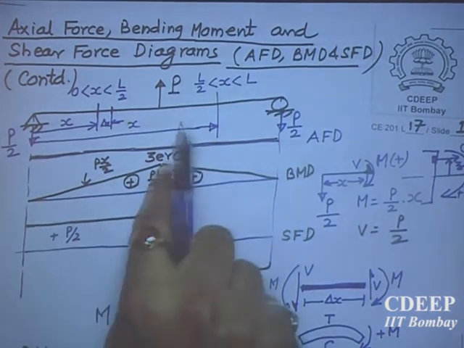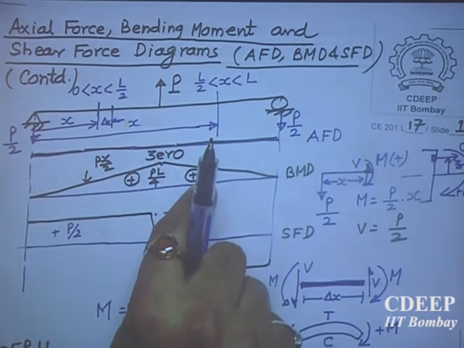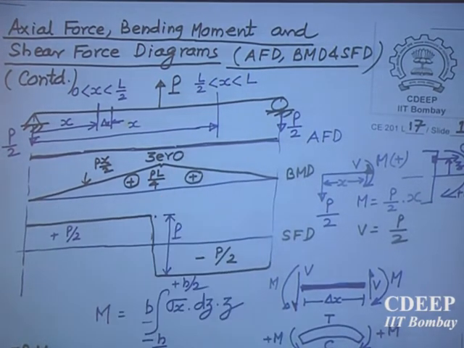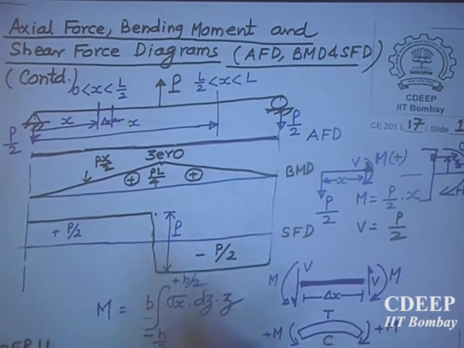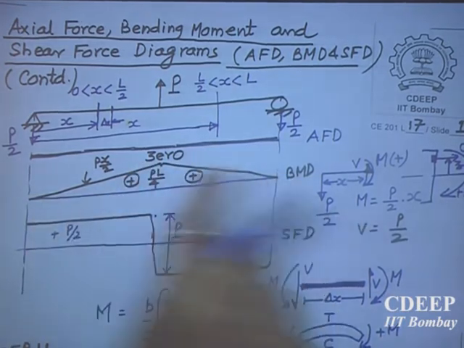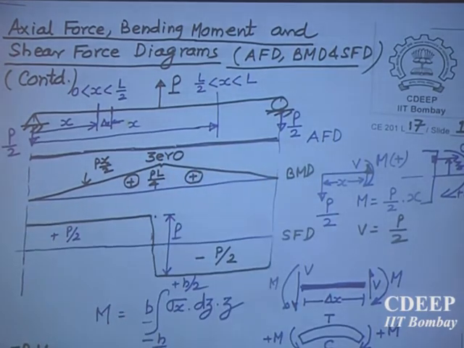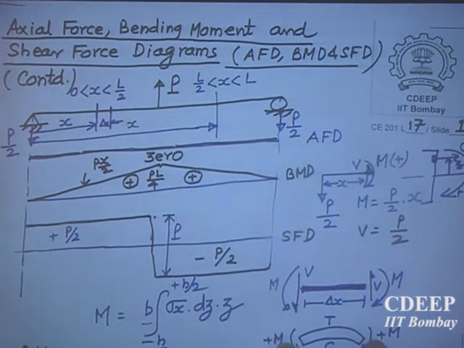This clearly shows that this is the bending moment diagram on the tension side. Top is tension, this is compression. So we are not drawing on the bottom, but on the tension side. It happens to be also positive. So remember this. These are some simple things, but you have to remember.